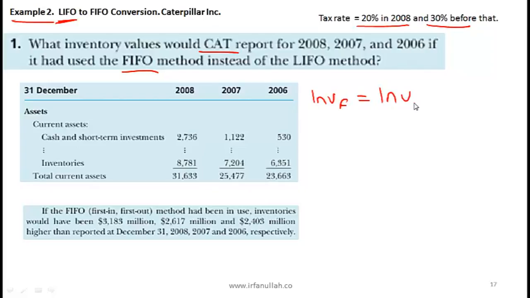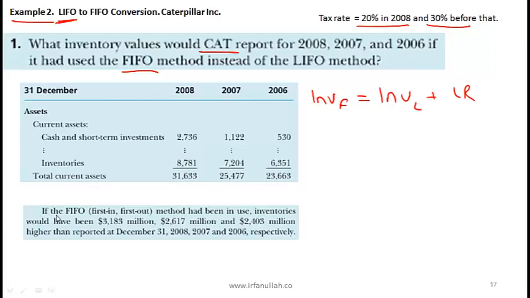Now to check your recollection, inventory using FIFO, what's the formula? It's inventory using LIFO plus the LIFO reserve. Okay, so you look at the notes. Now the notes can present this LIFO reserve in one of many ways. In the balance sheet, the inventory will just be one line item. There will be a footnote number 9 or whatever.